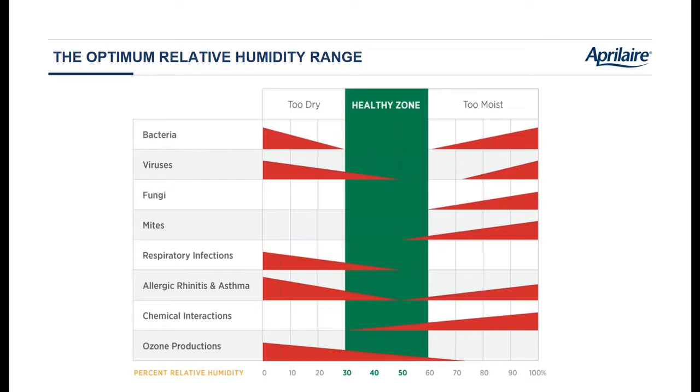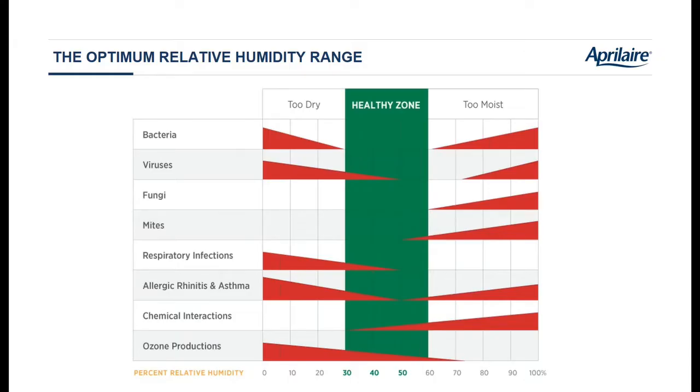If you've got people that have bad allergies or asthma, they may be concerned with dust mites. Dust mites are ubiquitous. They eat dust, and most dust in the home is skin cells. So we're making food for the dust mites all the time. A lot of people are allergic to dust mites. If we can keep the relative humidity below 50%, then we can create the conditions where dust mites are not going to thrive.